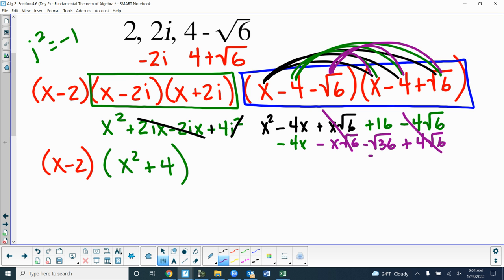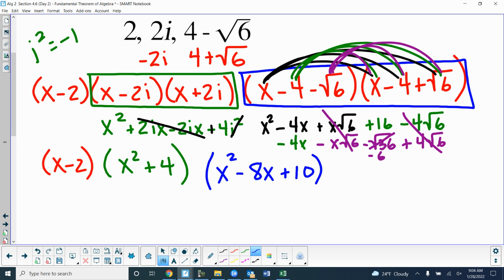So this is basically a negative 6, right? So all the radicals are gone, as you can see. So our blue answer is x squared minus 8x. What's 16 minus 6? 10.